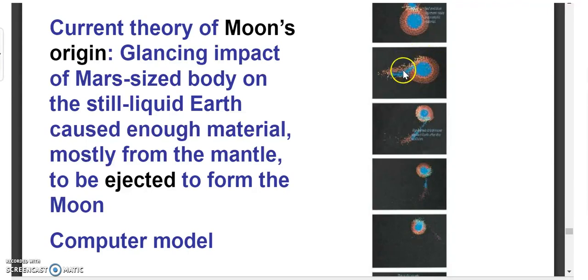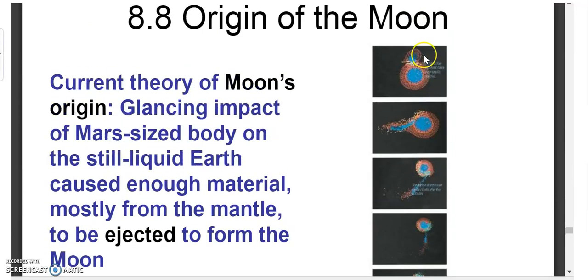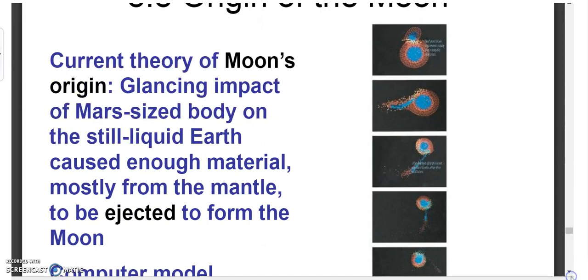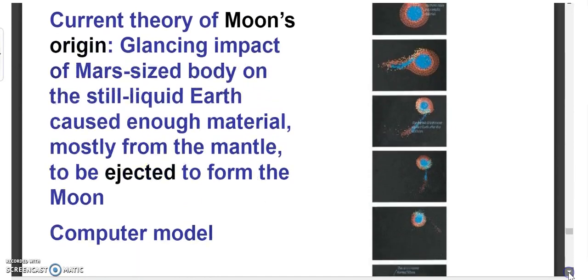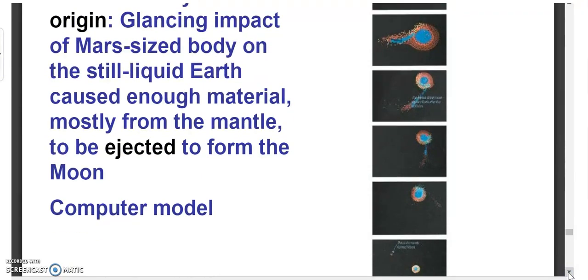Really what happens is the heavier, denser materials that made this original object up ended up, a lot of it, on the surface of the Earth. And that turns out to be good for us because we don't have to dig down too deep to mine for iron and nickel, which of course has helped build our society. So that's a good thing.